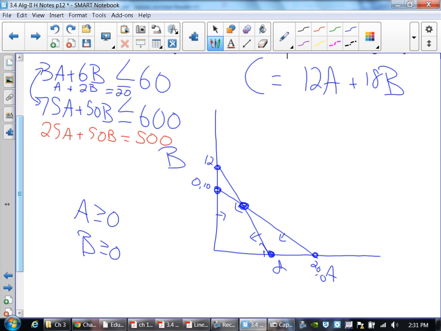I have the same coefficient, same signs with those 50s. If I subtract those out, they go away. So I wind up with 50A is 100. What's A? If A is 2, 2 plus 2B is 20, 2B is 18, what's B?